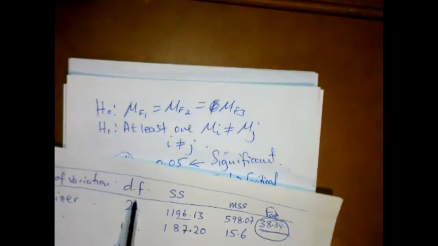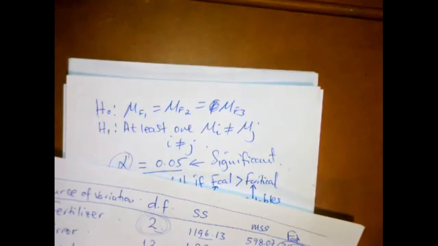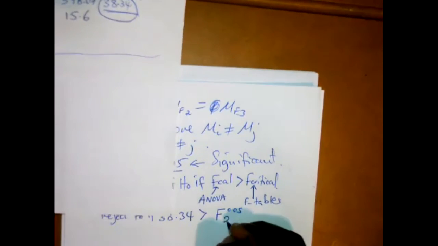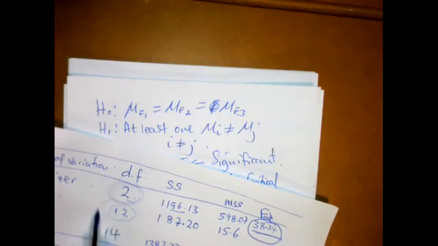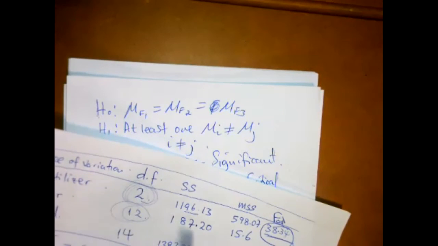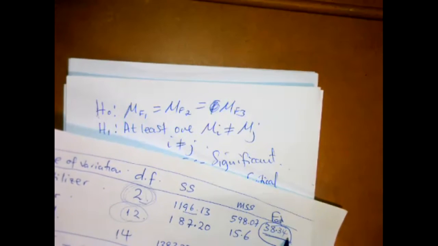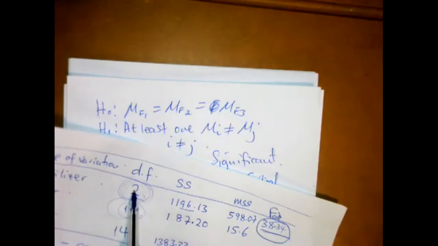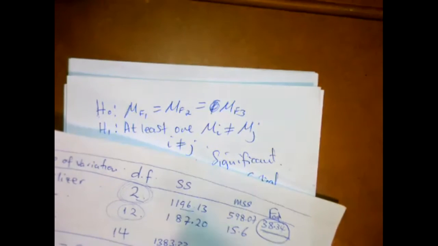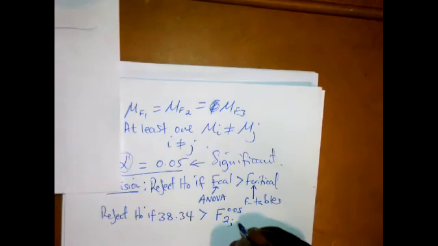The numerator degrees of freedom are the degrees of freedom for the treatments. Remember, to get 38.34, we divided this number by this one. We divided 598, so that becomes our numerator degrees of freedom, 2, because it is what is being divided. And the error degrees of freedom is 12. So we say 12.